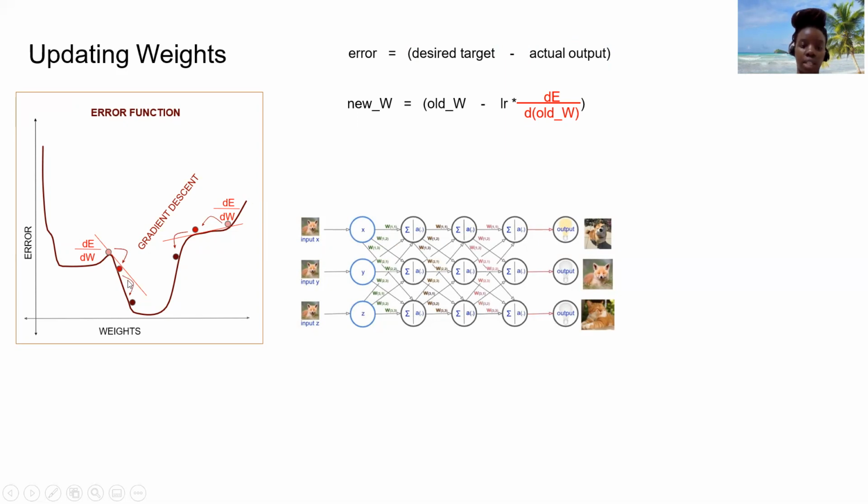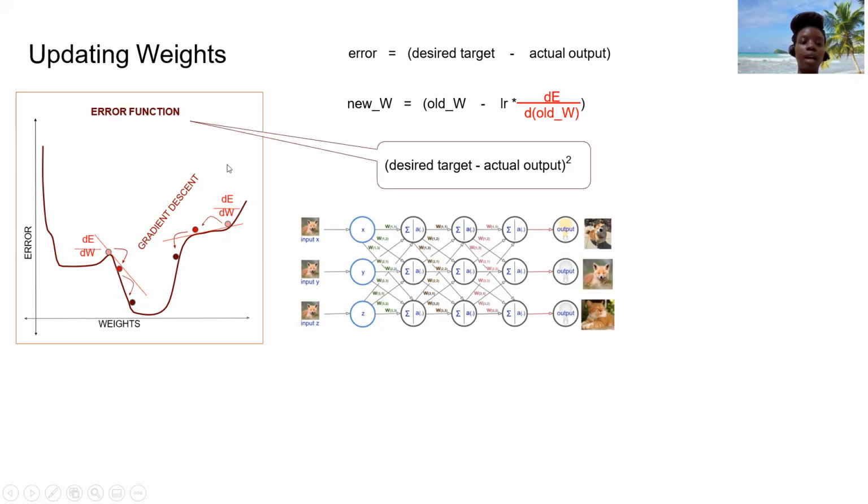We can use this error function, the square of the difference between the desired target and the actual output, because this is going to help us go in small steps, so that we are moving slowly until we reach a global minima.